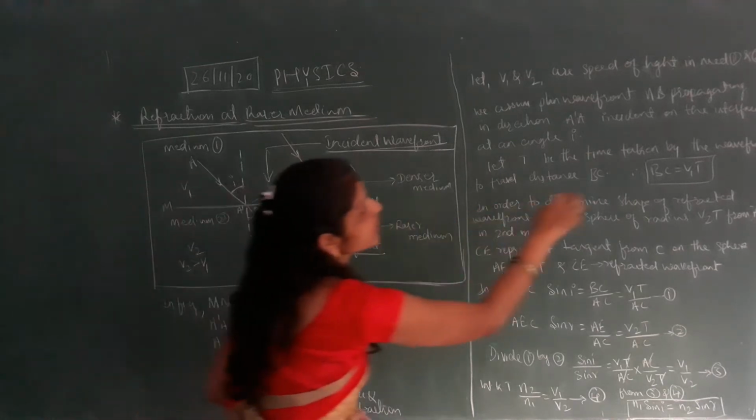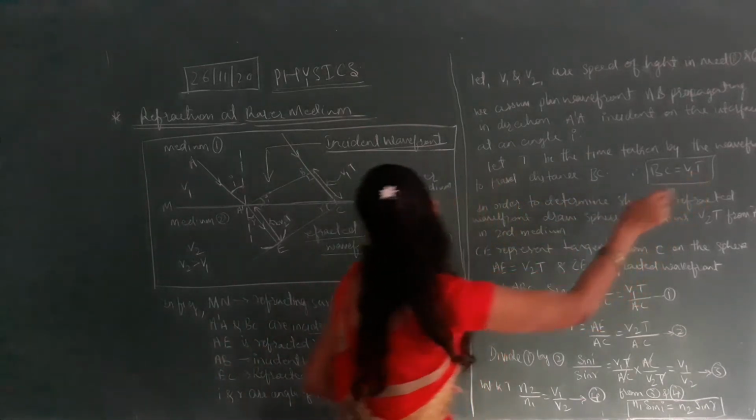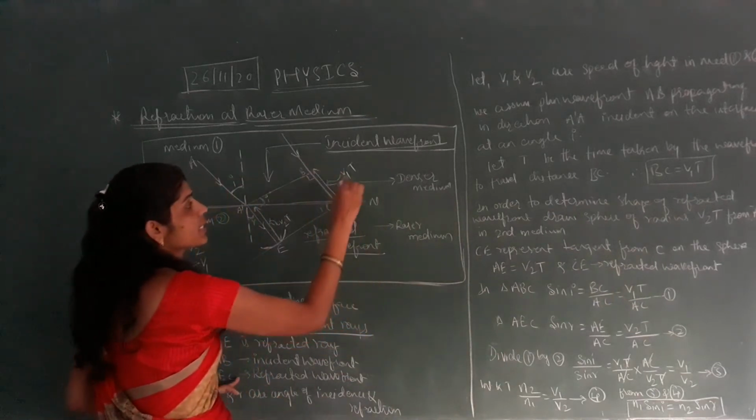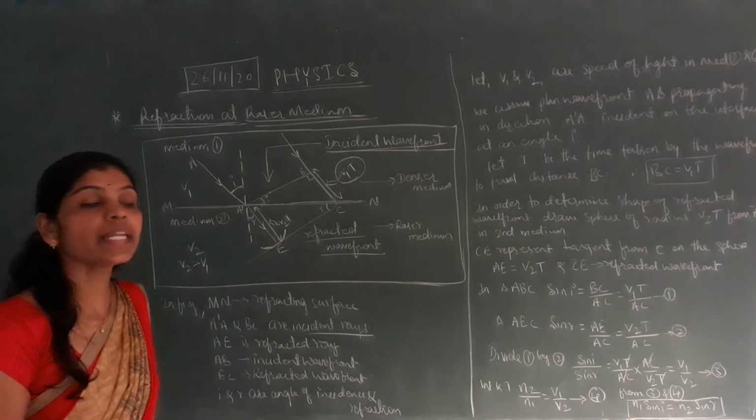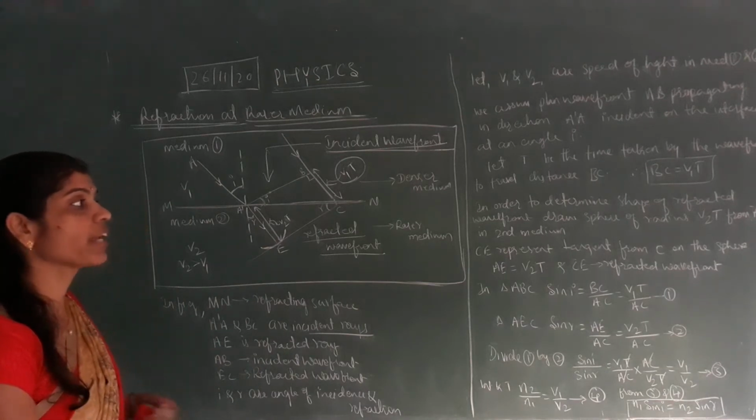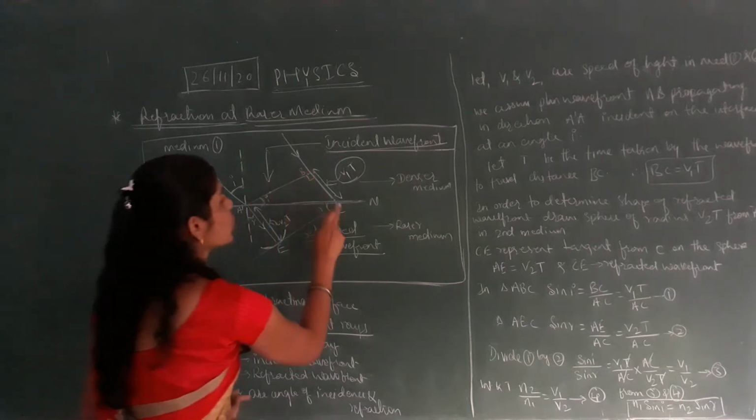Therefore BC is given by V1 into T, where V1 is the speed and T is the time taken by the wavefront to travel from B to C.